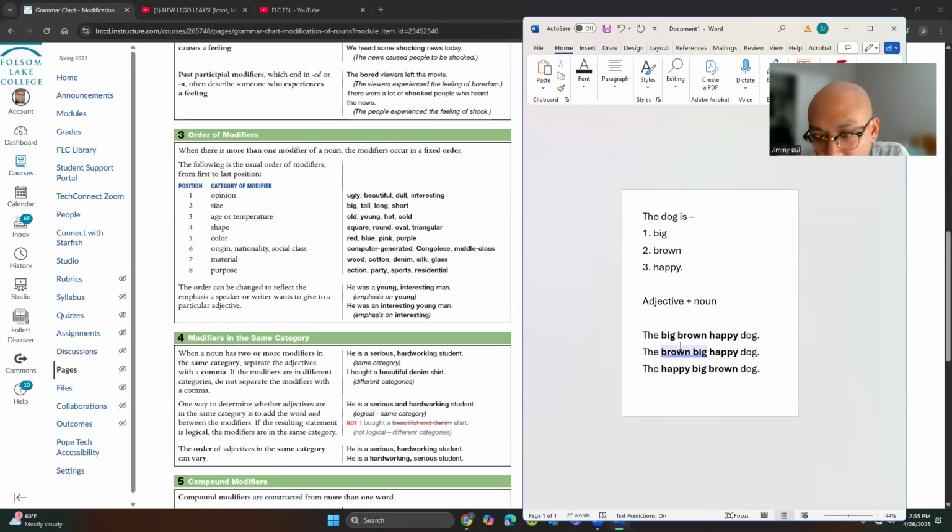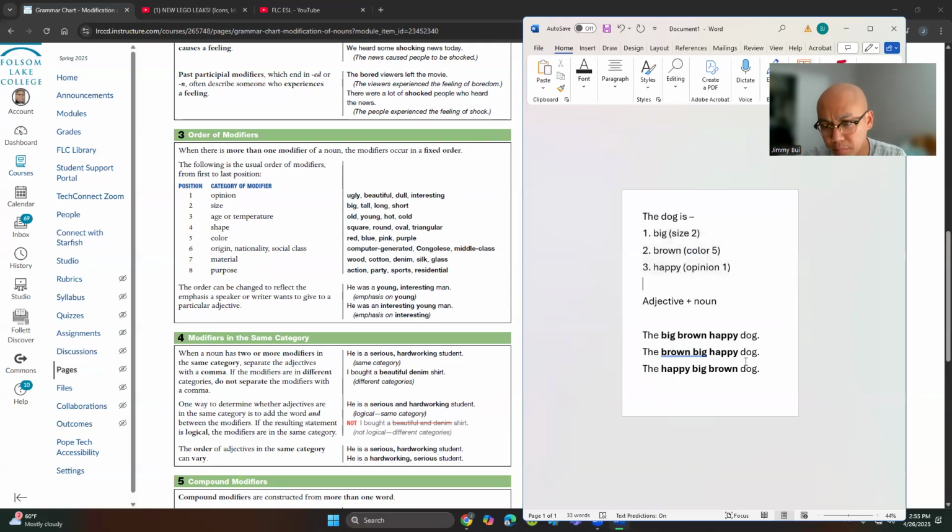But looking here, there are no commas because they're all different categories. So big is going to be size, position number 2, brown is going to be color, position number 5, and happy is going to be opinion, right? And so the correct order would be opinion, position 1, big is position 2, and color is position 5.